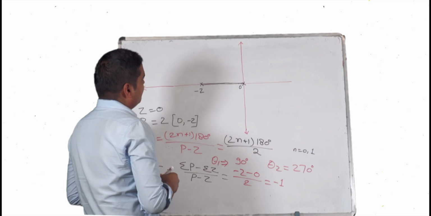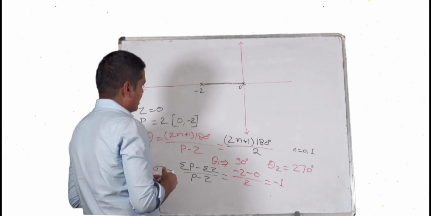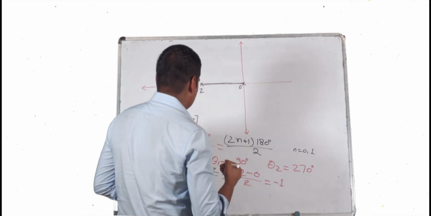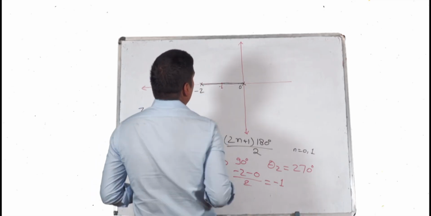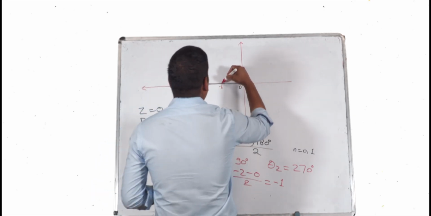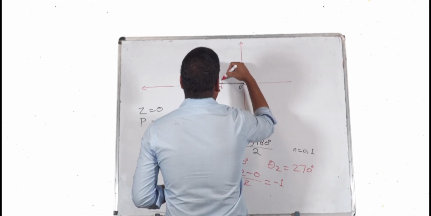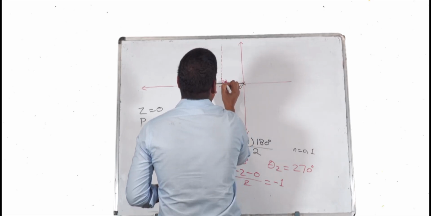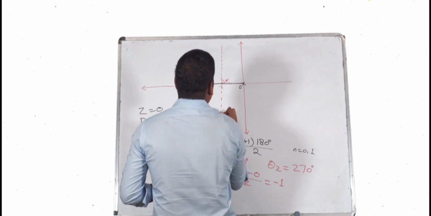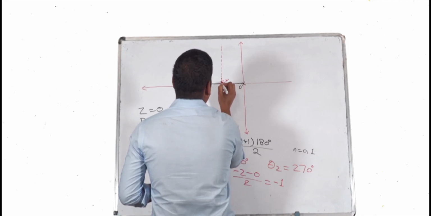So in between we will have our root locus, and let us mark the centroid at -1, and the angles of asymptotes, 90 degrees and this one 270 degrees.